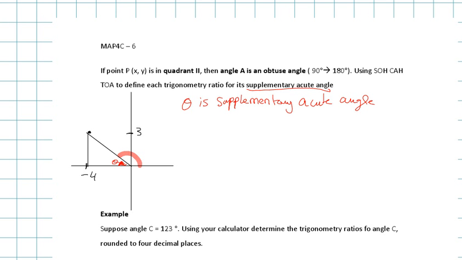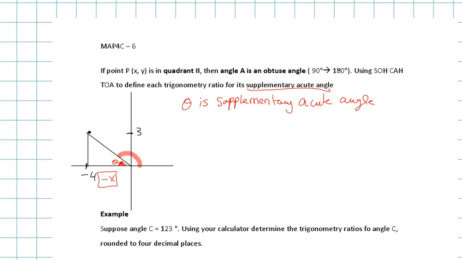Now, in that triangle, what's the value of x? X is -4, so I'm going to call it -x. In this case it's -4, but to make it general, it's going to be -x, because it could be -5, -2, -6, whatever.